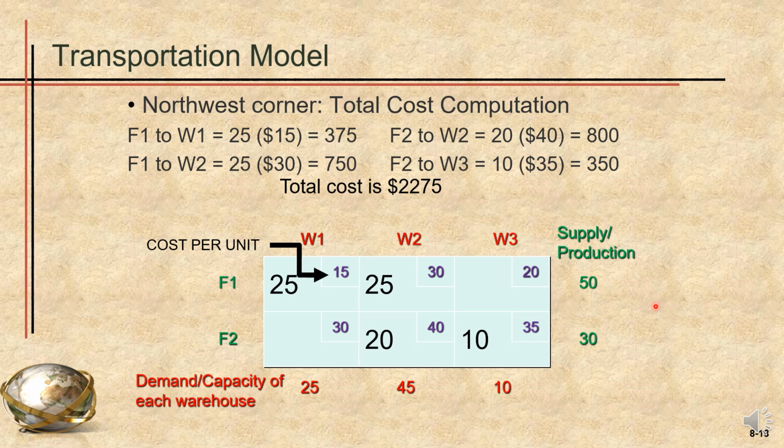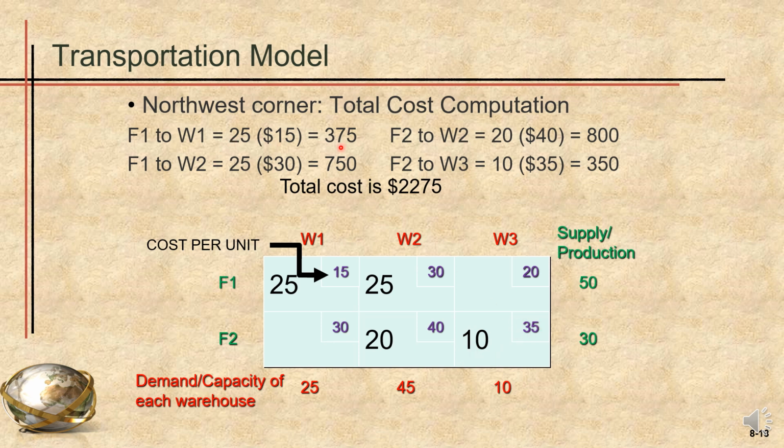We're not yet done because we need to get the total cost under each cell. Since we have here cells 1, 2, 5, and 6, let us compute their cost. We have 25 multiplied by 15, 25 multiplied by 30, 20 multiplied by 40, and 10 multiplied by 35.